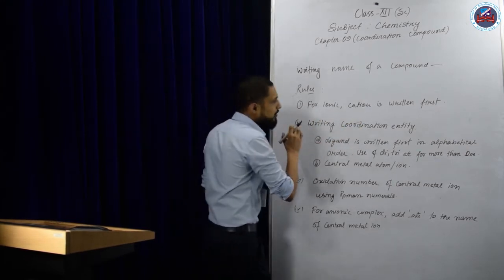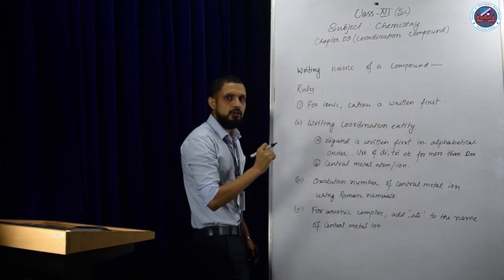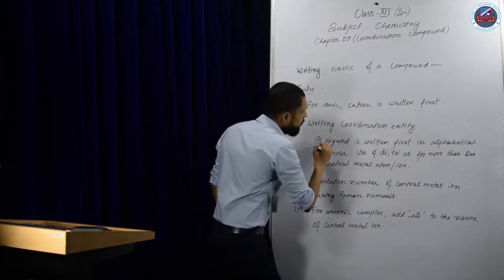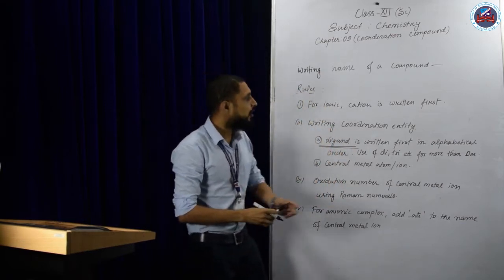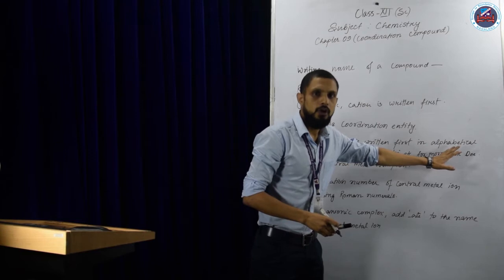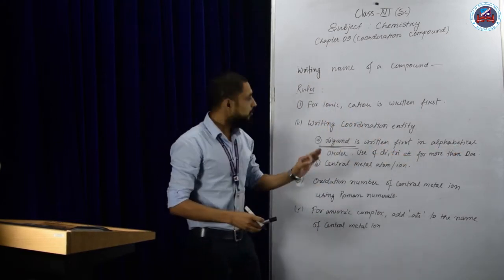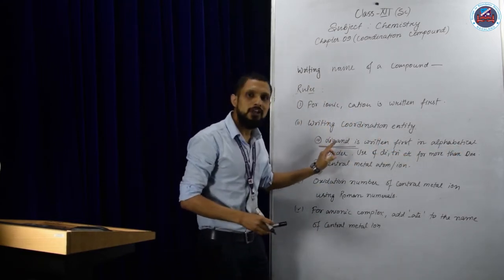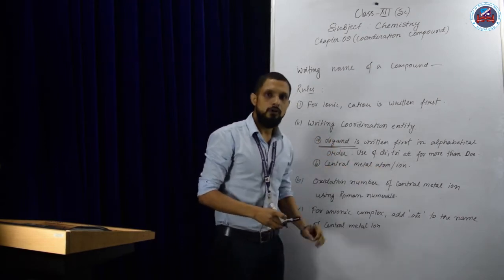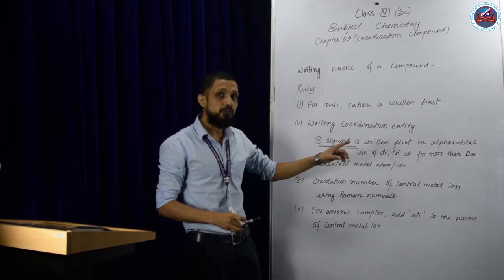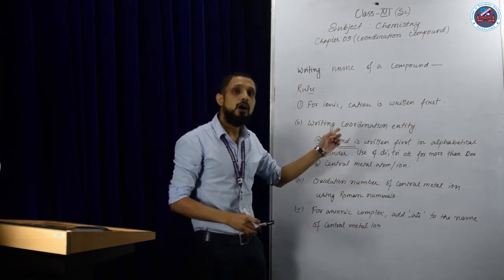When you're writing the coordination entity, you have to write the names of the ligands in alphabetical order. While writing the name, you first write the name of the ligands followed by the central metal atom or ion. It's just the opposite of writing the formula.